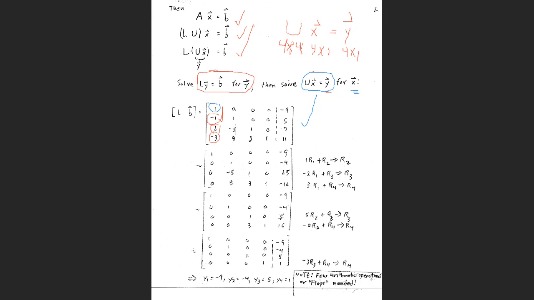So I'll do these 3 row operations, and I'll get this resulting matrix here.